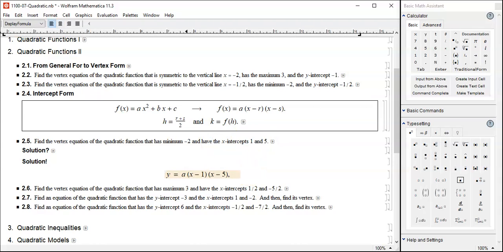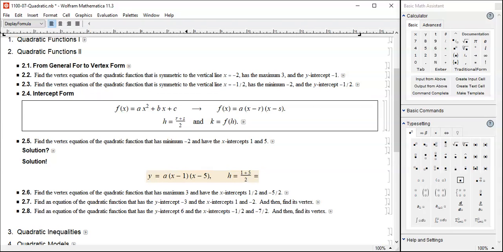Furthermore, h is automatically following. Six over 2, h is 3. And k is f of h. Okay, this is my function. So that is 8 times h minus 1, h minus 5.